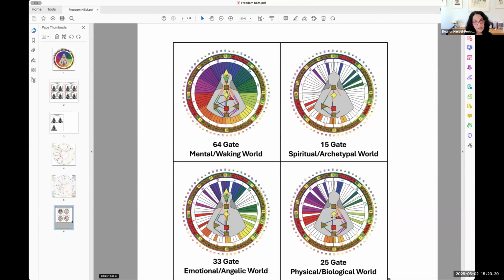So when I got these 4 worlds, and I'm a Tai Chi Gong teacher, so I do figure eights. And the figure eights go from the mental to the physical biologic, then come to the emotional, and then go to the spiritual. So we're always moving around in a figure eight. And this mental waking and the physical biologic are the only 2 matrices that have the solar plexus.